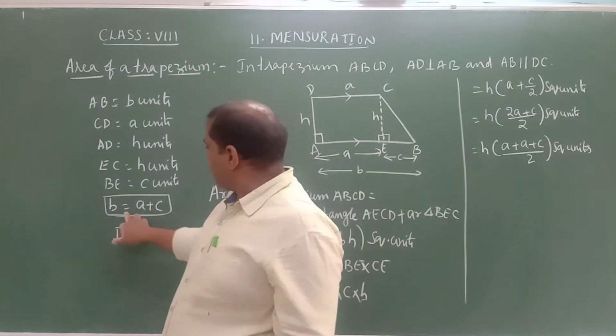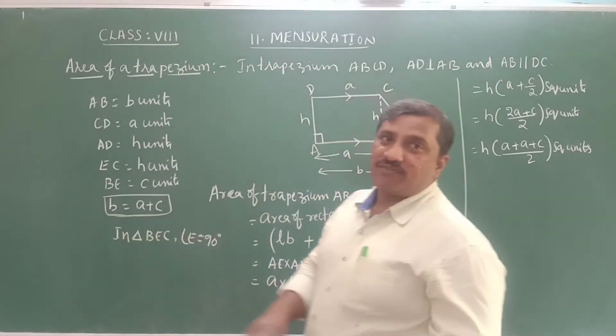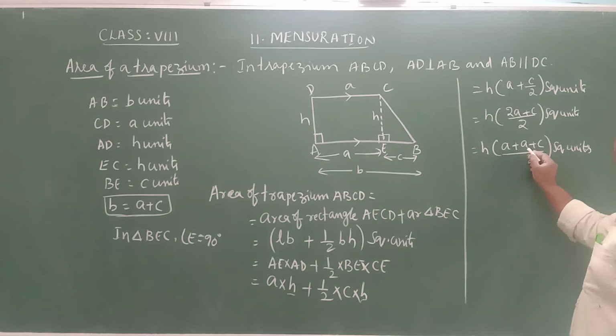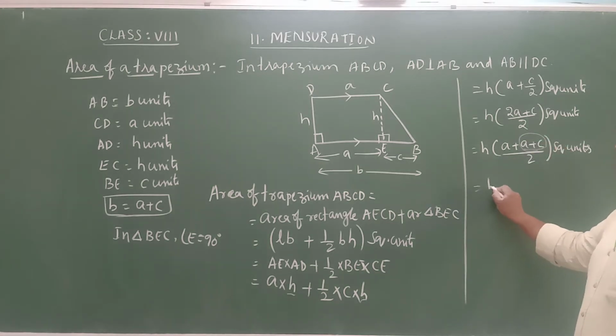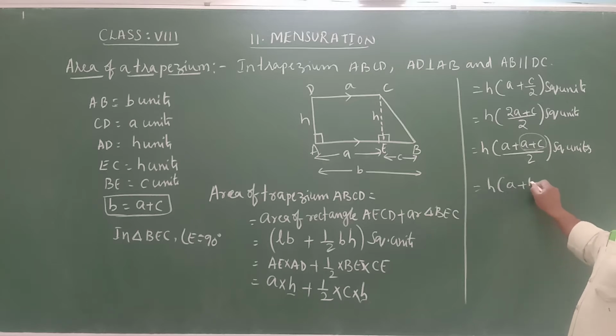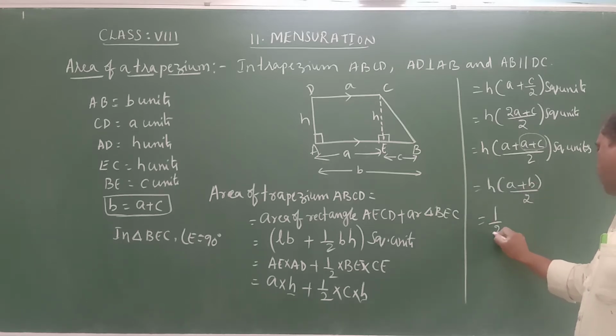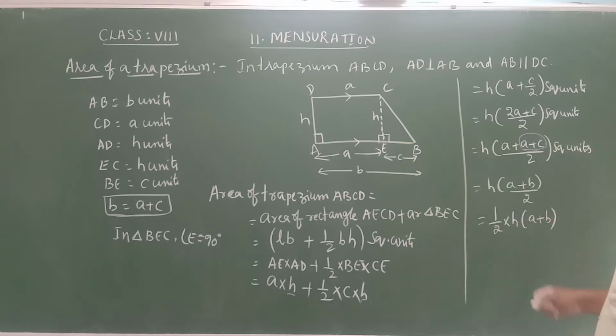B is equal to A plus C. So the sum of the lengths A and C is equal to B. Now replace A plus C as B. Therefore we get H into A plus B by 2. That is half into H into A plus B square units.